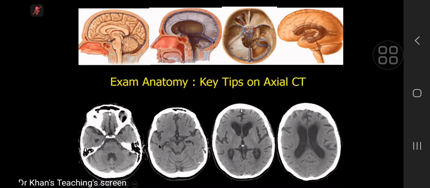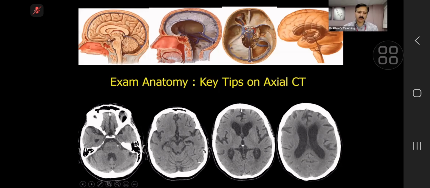Axial anatomy tips for the exam. Now, please remember that CSF spaces are extremely important for you to remember. CSF spaces are within the ventricles, but we are talking about extraventricular CSF spaces. If we go superiorly, the CSF spaces haven't got any names. But when you are doing a CT scan in the exam, you must go till the top.